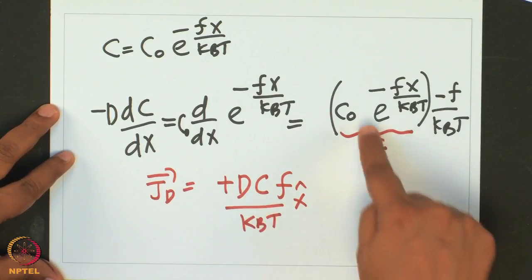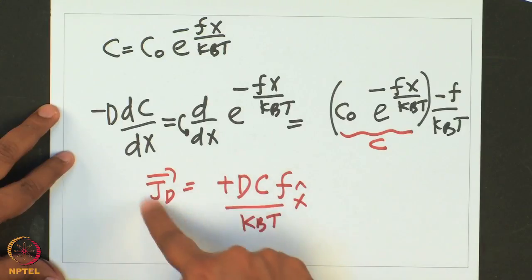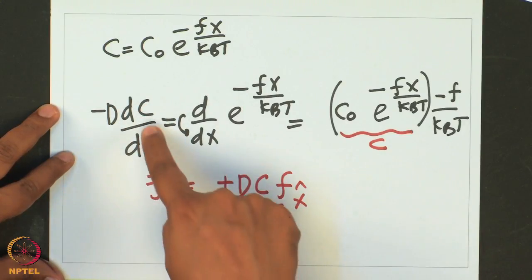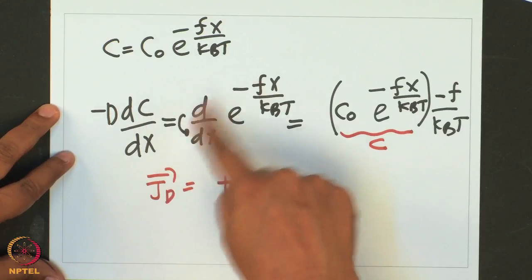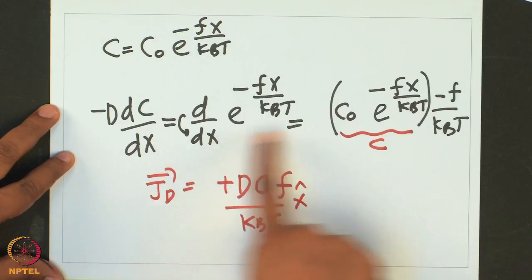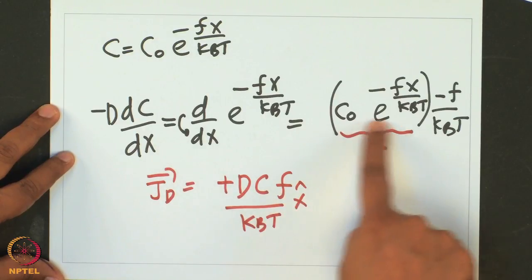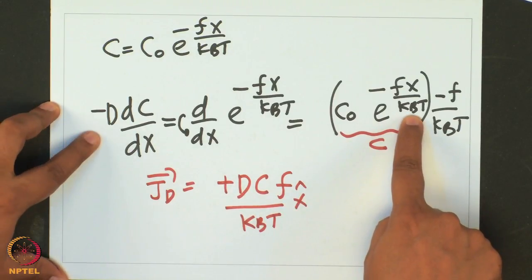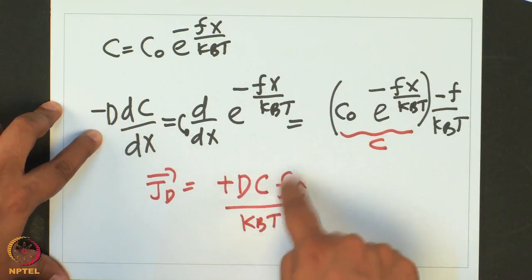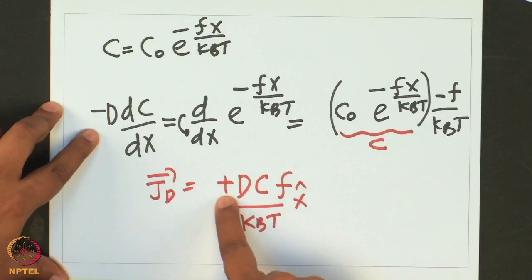So JD is equal to minus D del C by del x. Since I took an ordinary derivative here because it's only a function of x, I would get minus D dC by dx with a minus f by kBT, and this minus will cancel and become a plus sign here.